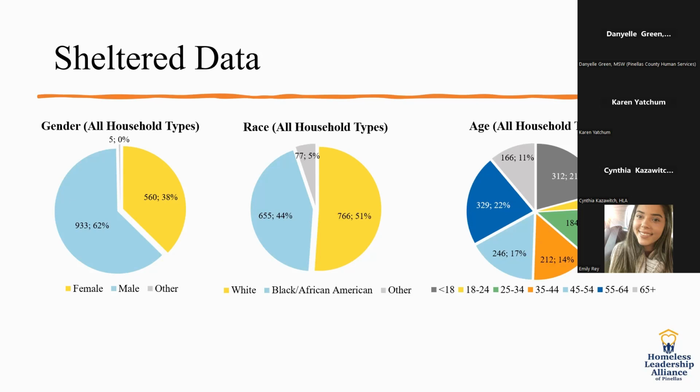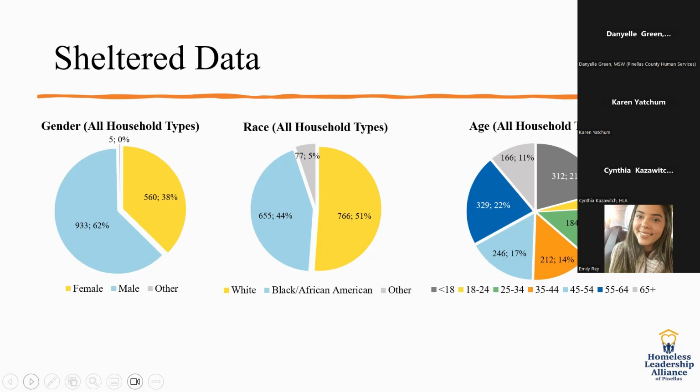As you can see, the majority of people identified in the shelter count were male, and a relatively even breakdown between those who identify as white and African American were found. The other category represents Asian, mixed race, and a few other racial categories specified by HUD, but very few people were involved in that. So I grouped all of those together as one other, so you can get a better visualization of what it looks like.